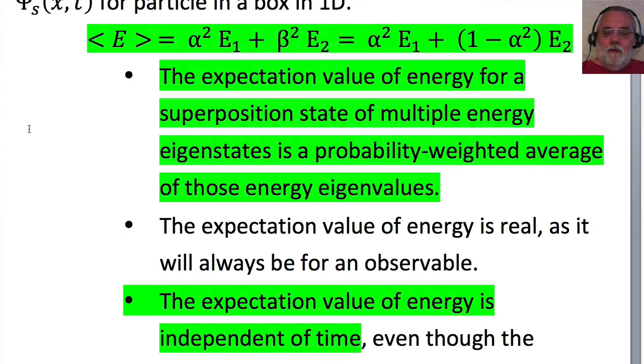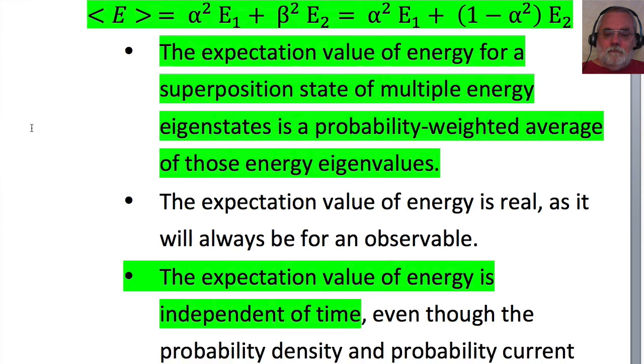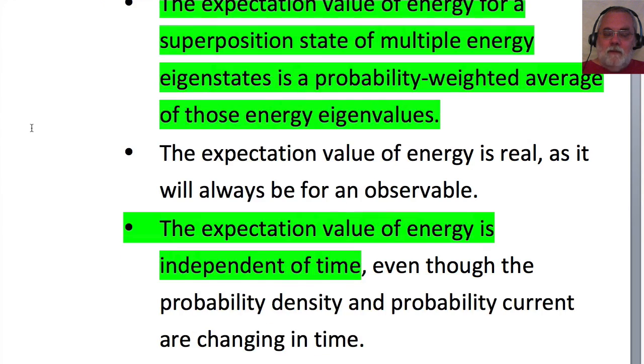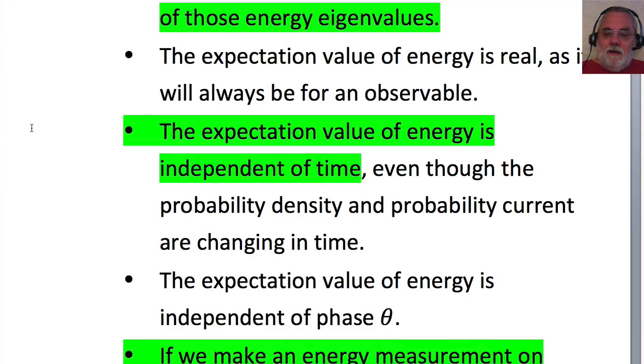The expectation value of energy is independent of time, even though the probability density is changing in time, and so would the probability current, which we haven't described in this lecture. So the probability density is moving in space and time, but the expectation value of energy is independent of time. The expectation value of energy is independent of phase theta.